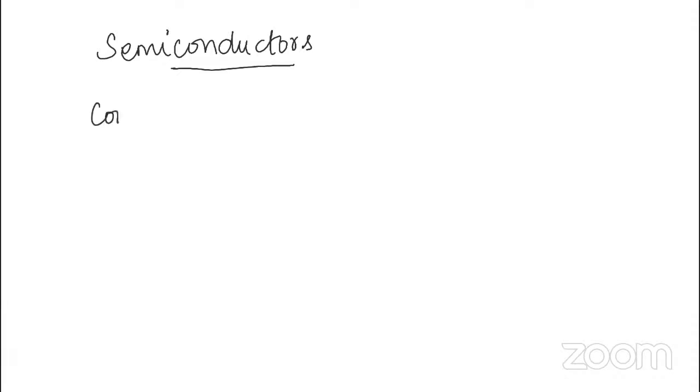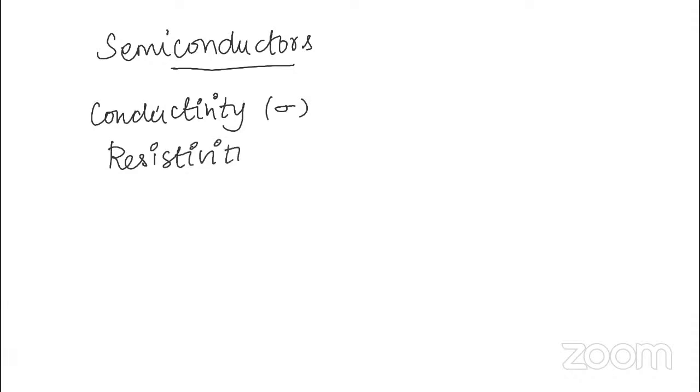Here the resistivity and conductivity, the rho value and sigma value, are between metals and insulators.